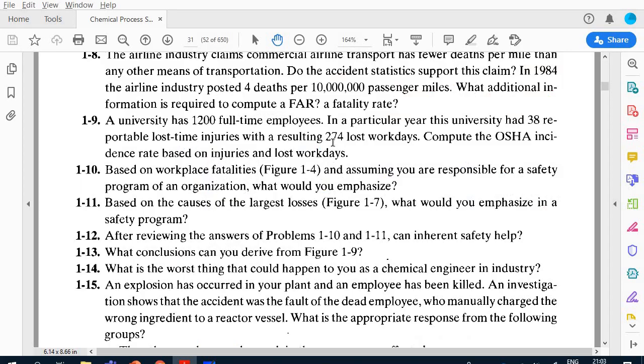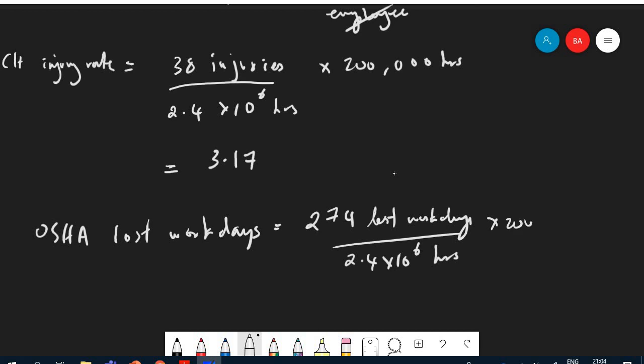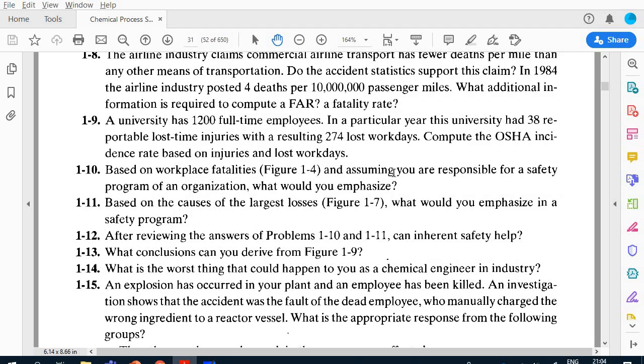Again, if you go back, it's written 274 lost work days, and we divide that by 2.4 times 10 to the power 6 hours, the one that we have found. Of course, we multiply this by 200,000 hours, and we get our solution to be 22.8. This is how we find our lost work days. Great, so that was 1.9, the answer of this problem.